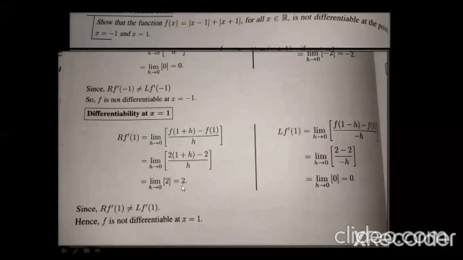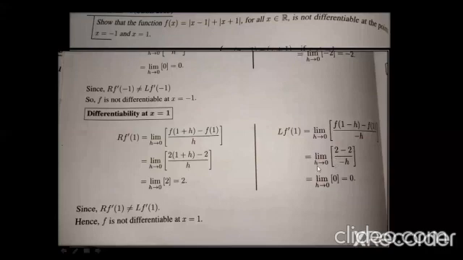Now, similarly, we have to find the left hand differentiability at x equal to 1. So we get the limit h tends to 0 of f of 1 minus h minus f of 1 upon minus h. If we put the value of the function f at 1 minus h, we get 2, and f of 1 is already 2, so we get 2 minus 2 upon minus h.